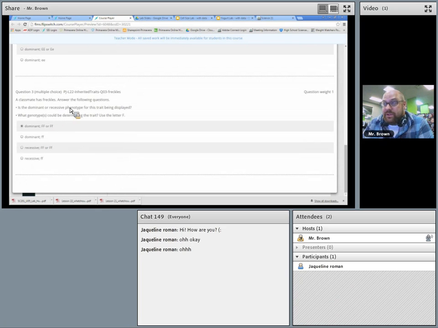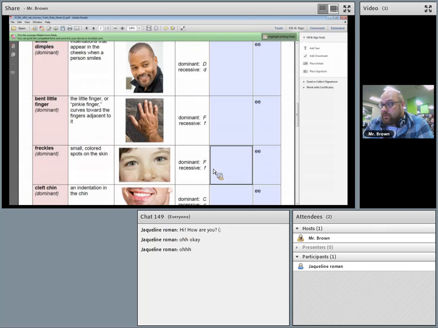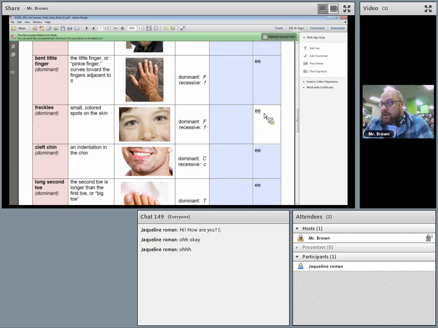So freckles are also dominant. So you can have both traits. Remember, you get one set of genes from each parent. You get one gene from mom, one from dad.